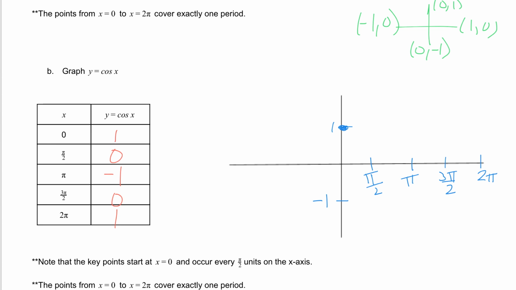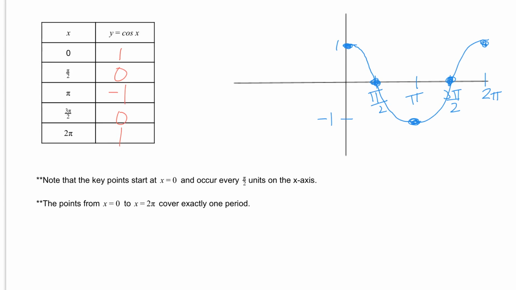We've got 0, 1, pi over 2, 0, pi, -1, 3 pi over 2, 0, and 2 pi is back up at 1. As you draw your graph in, remember it is rounded. So this will come rounded this way and back up again. And as we approach this point from here to here, again, it's rounded as it's going to be coming back down again.